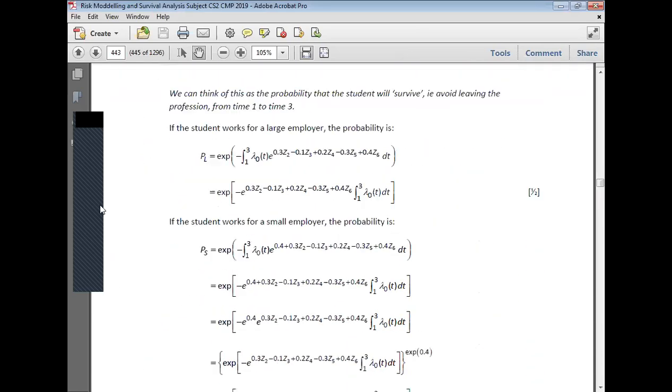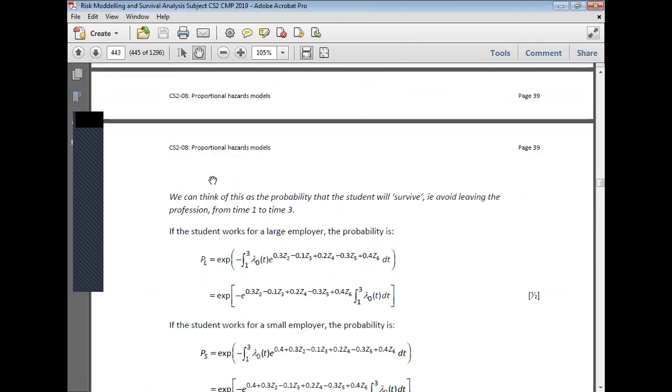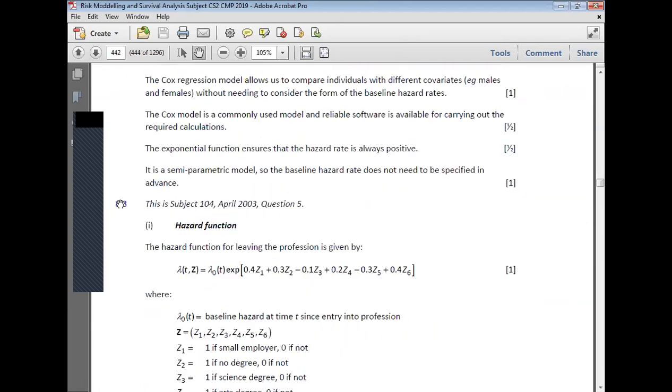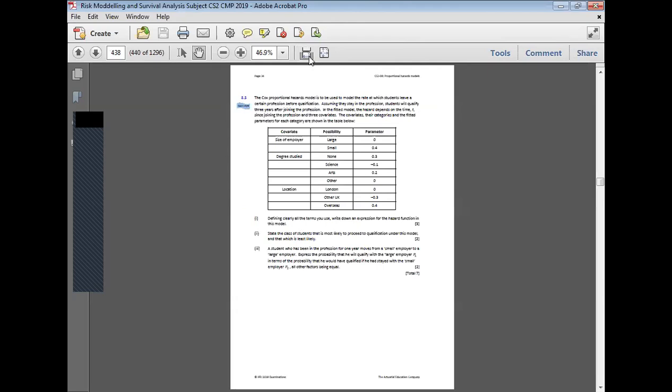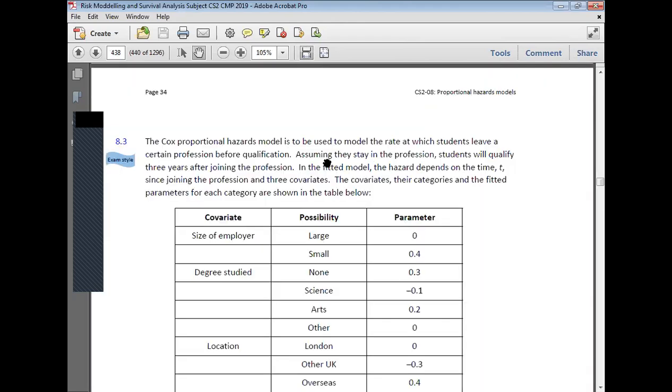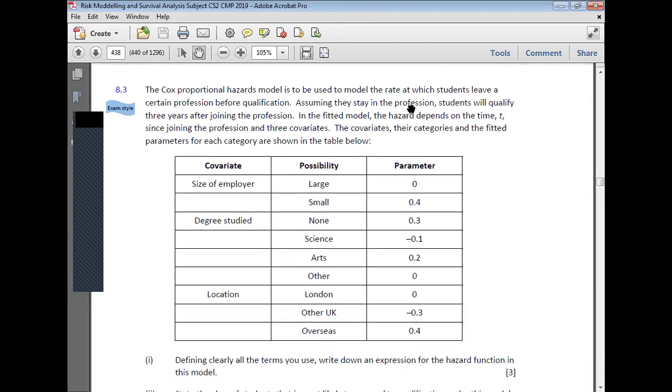But here they asked us to compare the probabilities, and we figured out from the question itself, which states that assuming they stay in the profession, students will qualify 3 years after joining the profession. So we know that the probability that this person will qualify in the 3 years is just e raised to minus integration of the hazard function. So I hope this is clear to you guys.